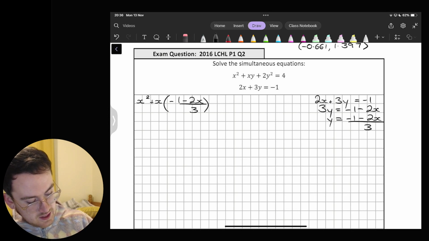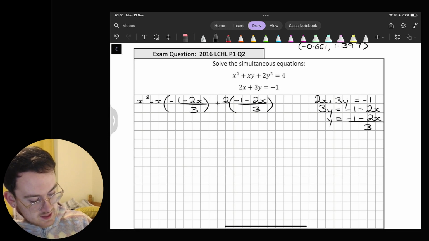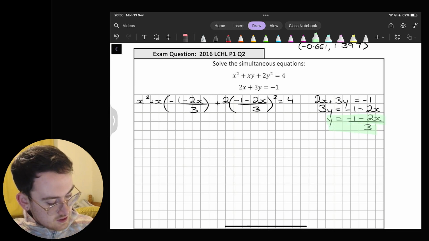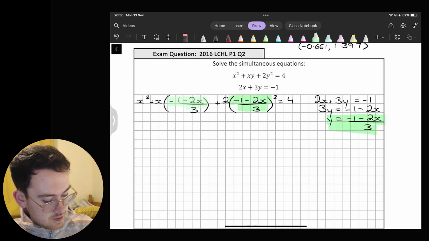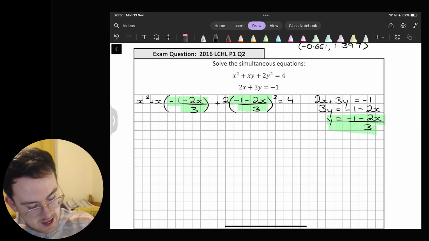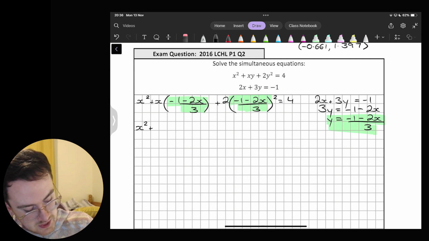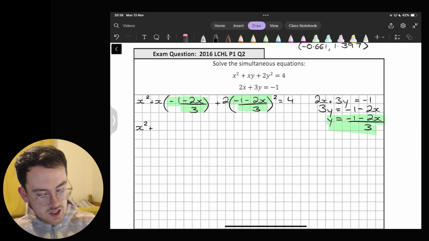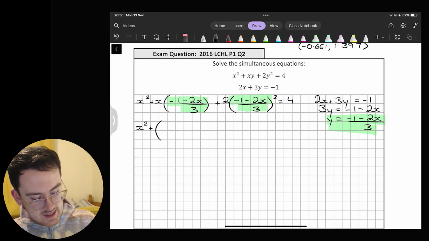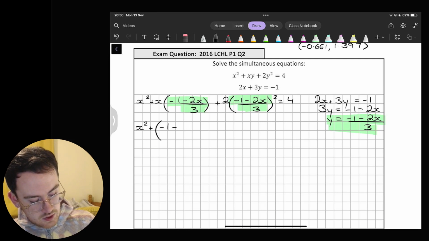As I say, nowhere seemed particularly easier. The only thing we maybe could have avoided by doing x was having to multiply this by 2. But let's just highlight this here again, to help me see exactly what I'm subbing in and keep everything straight. So let's bring the x inside the bracket here: minus 1 minus 2x squared over 3.